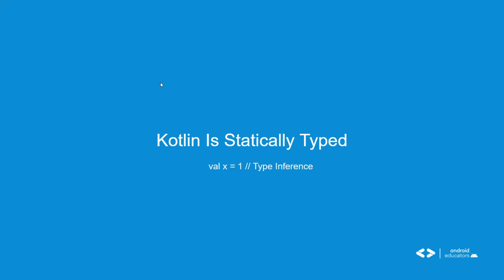Few languages like Groovy are kind of dynamically typed. If you don't provide any type when creating a function or variable, the compiler will not give you any error. They go to runtime, when the code runs in the runtime environment, and then check what type of data it is.